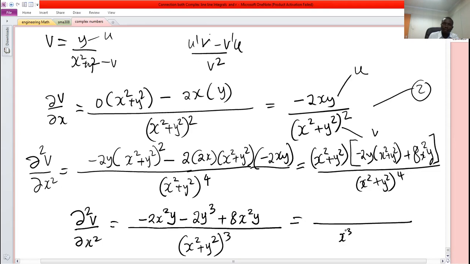Now 8x squared y minus 2x squared y gives us positive 6x squared y, and then minus 2y power 3. So call this one number 3.